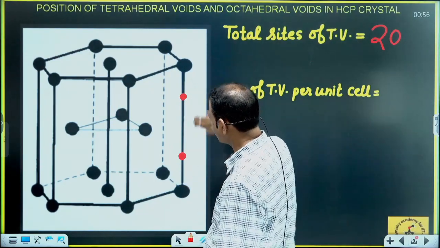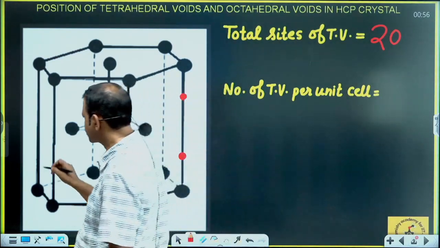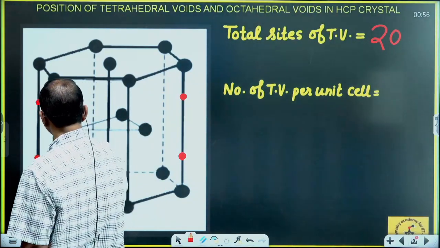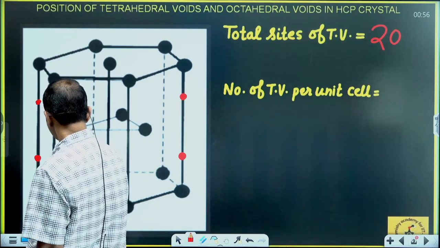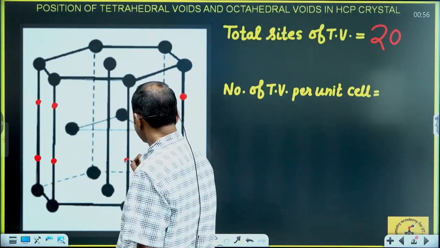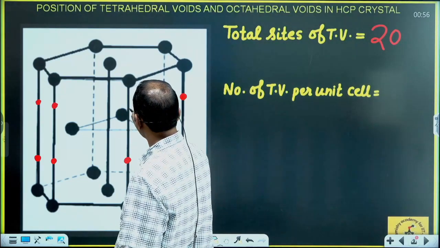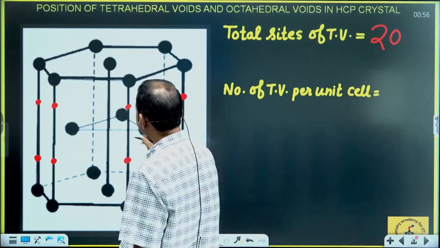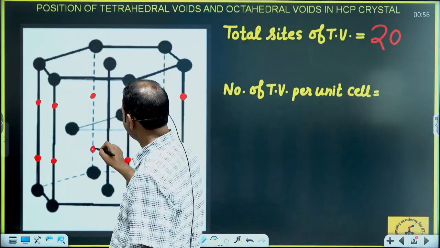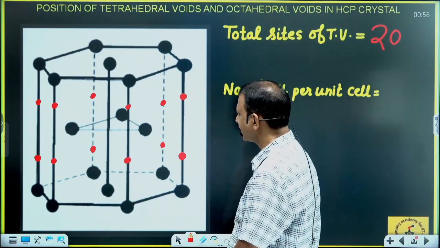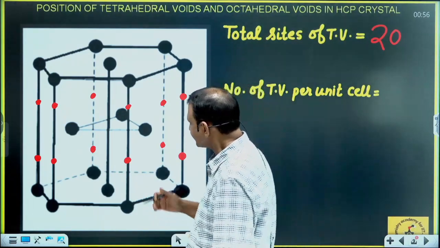So first mark those 12 sites at which tetrahedral voids are there and their contribution is 1/3. These are the sites whose contribution is 1/3. Here you can see that these are the 12 sites whose contribution is 1/3, and there are 8.